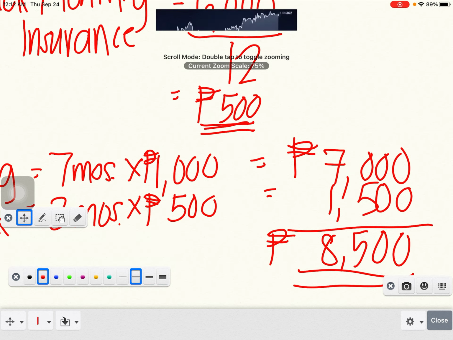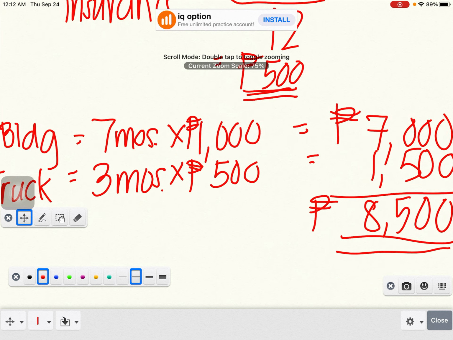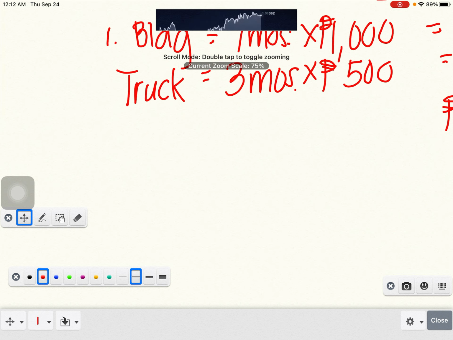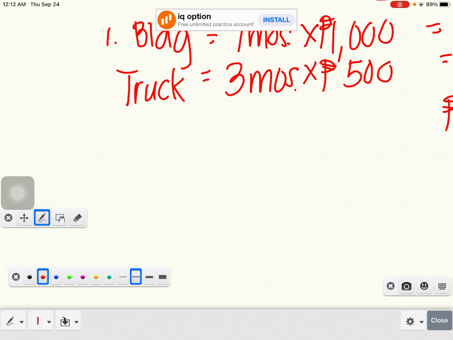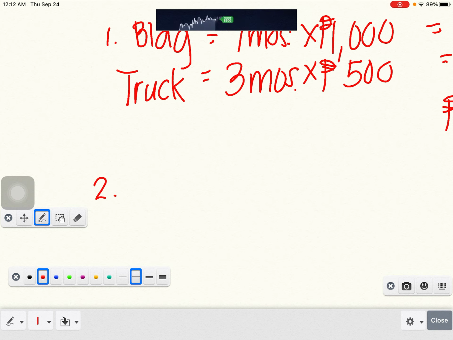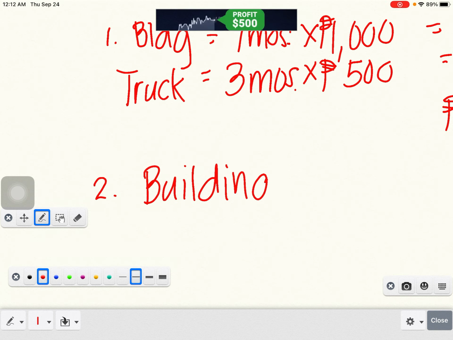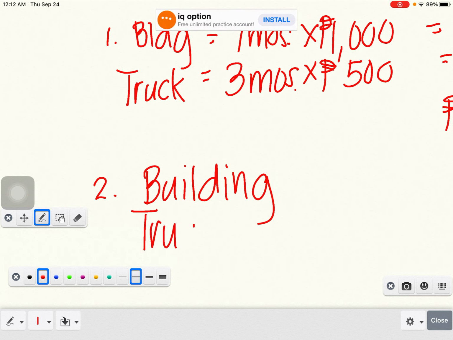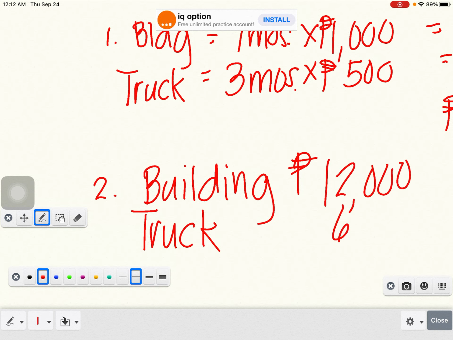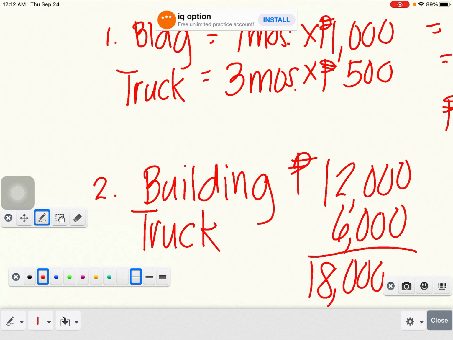So at what amount will be the prepaid insurance or unexpired insurance show? So you could have 2 solutions there. So first solution. So building, truck, total amount paid was 12,000 and 6,000. It's a total of 18,000.